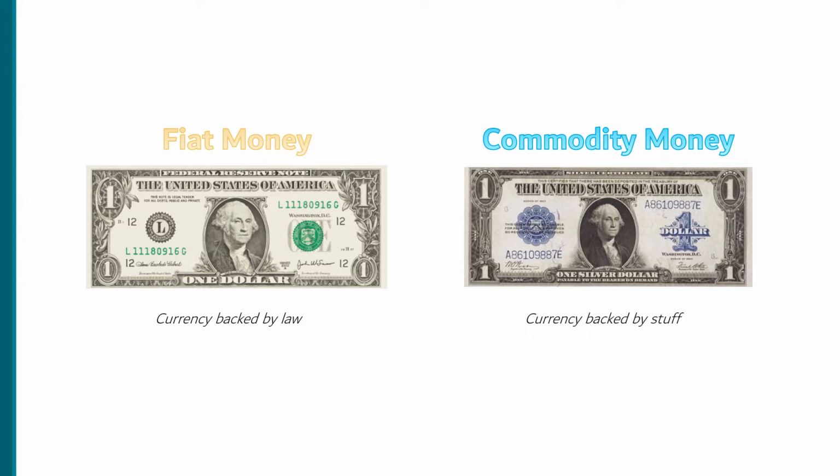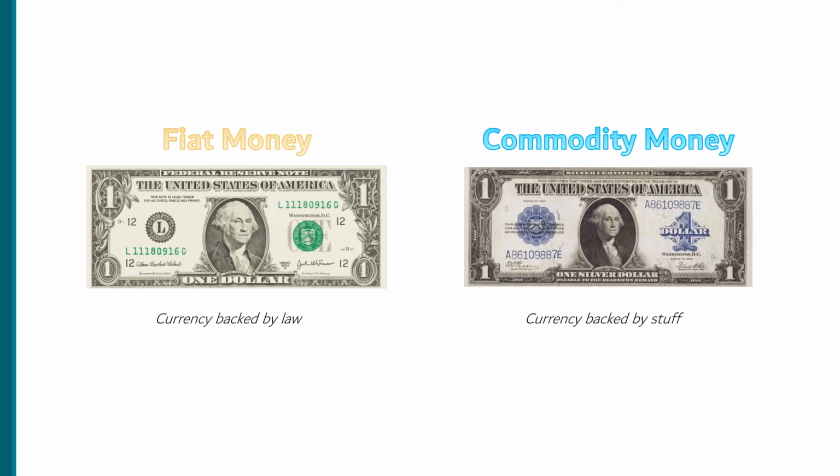Anything will work so long as it has intrinsic value, meaning that it is a commodity people would want even if it wasn't being used as money. In the case of the dollar bill pictured, it could be turned in at a bank for a set quantity of silver. Fiat money and commodity money both have their advantages and disadvantages.